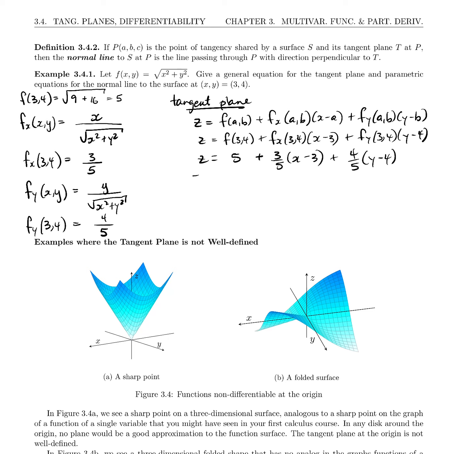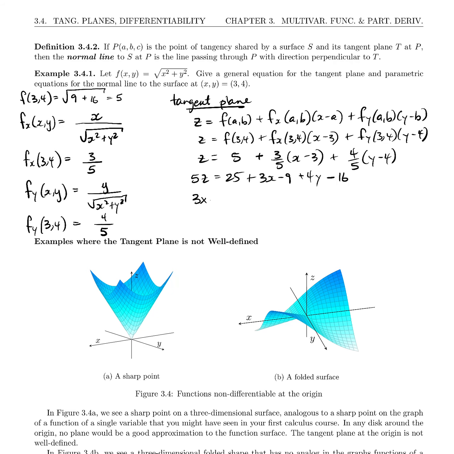So I'm going to get 5z is 25 plus 3x minus 9, plus 4y minus 16. Those will cancel out as constants, and if I bring the z over to the other side, I'm going to get a general form equation of 3x plus 4y minus 5z is equal to 0.